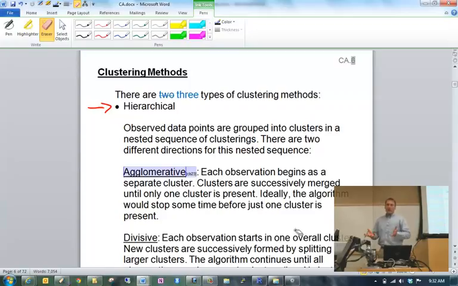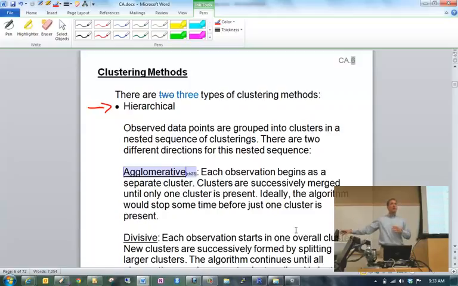So agglomerative begins with each observation as a separate cluster. Clusters are successively merged until 1 cluster is present. Now, if you have just 1 cluster at the end, that kind of defeats the purpose of cluster analysis. What you're trying to do is find distinct groupings. And so key then will be for us to determine where do I stop this clustering method.